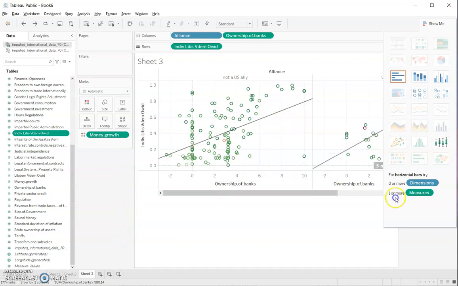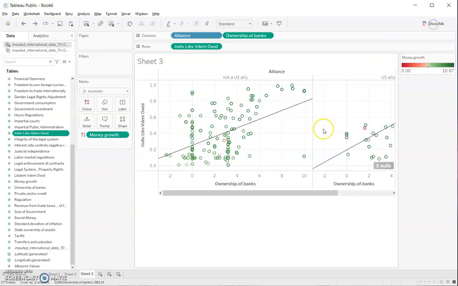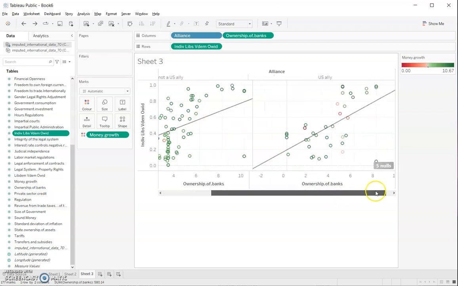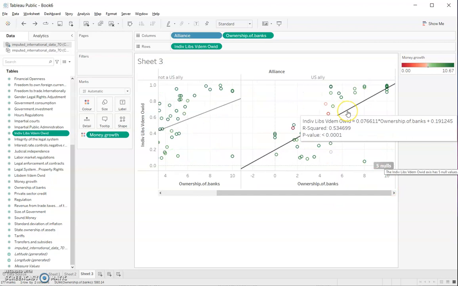Just a random variable, isn't it? Okay, let's see what it is. So we have another meaningful line here. 22%, not bad. P-value low enough. And this one is very significant. You can see 53%. This is very useful.